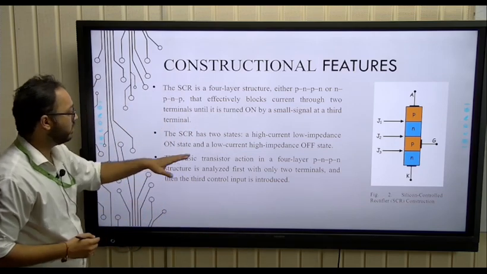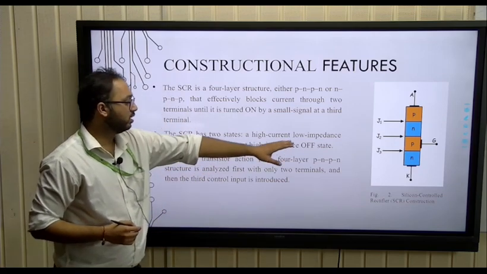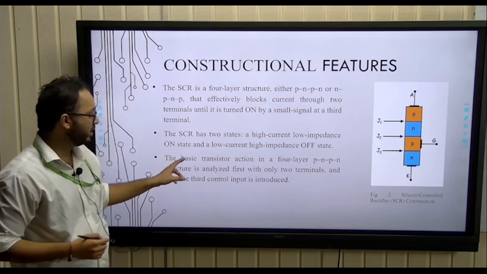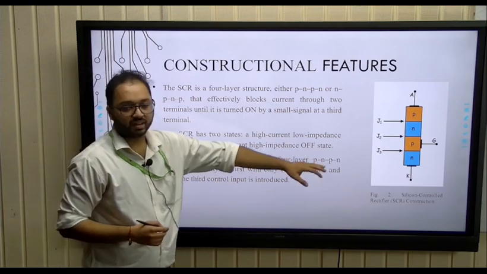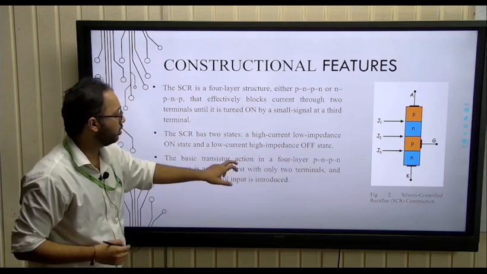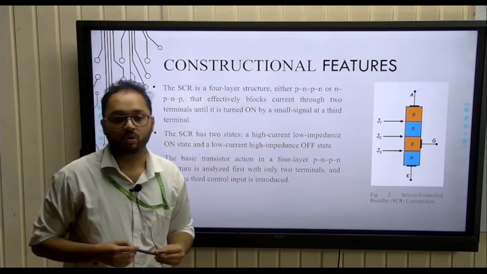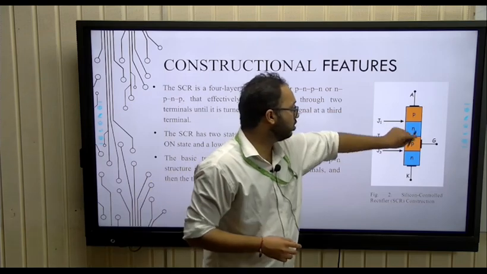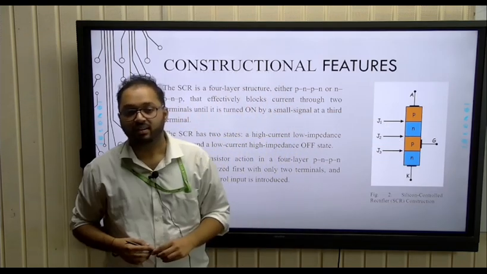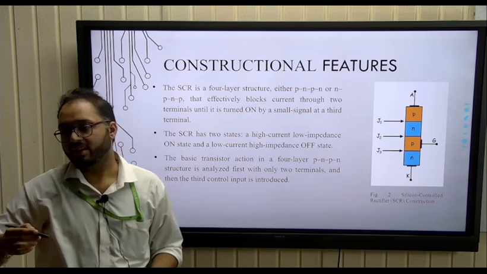Okay, the two SCR states that I already talked about are high current low impedance, that is the on state, and low current high impedance, that is the off state. How is it so? High current flows only when all three junctions are in forward bias, and then the resistance of the whole device is very low.